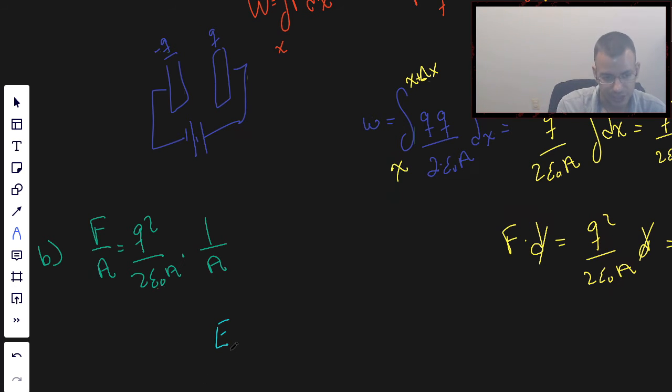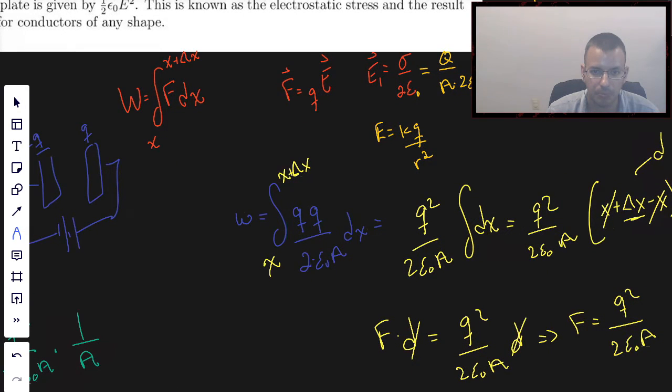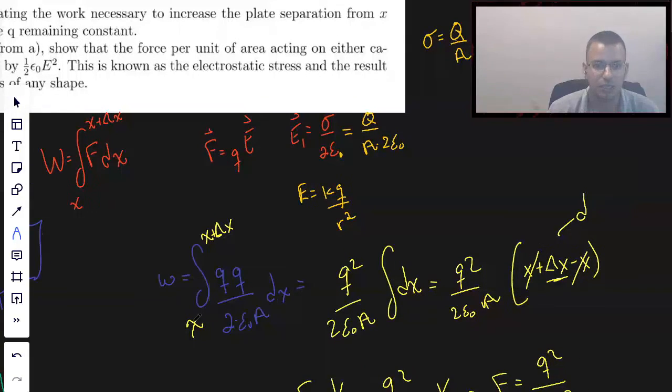So before, I wrote this down and I said the electric field for a plane is sigma over 2 epsilon naught.